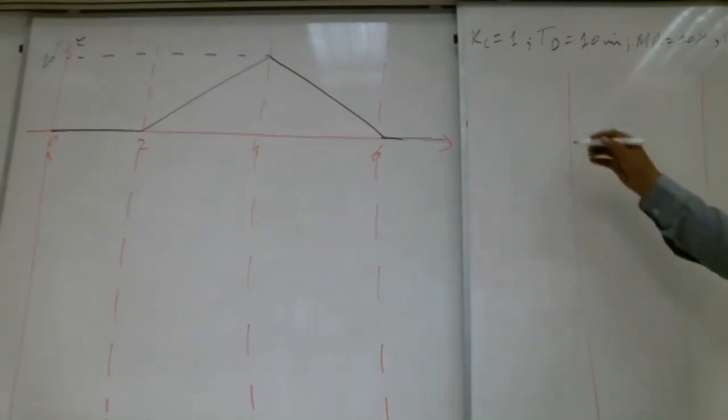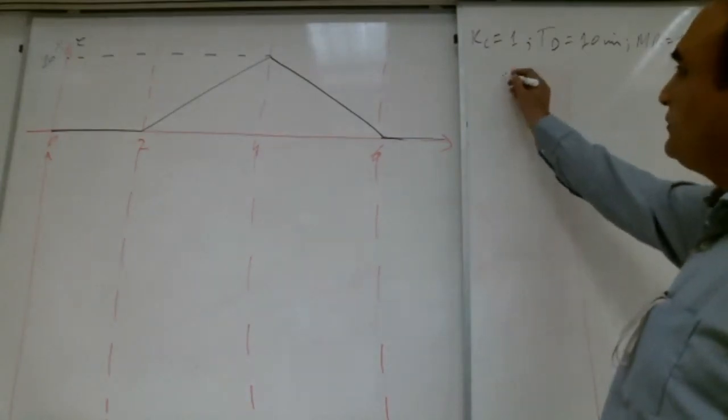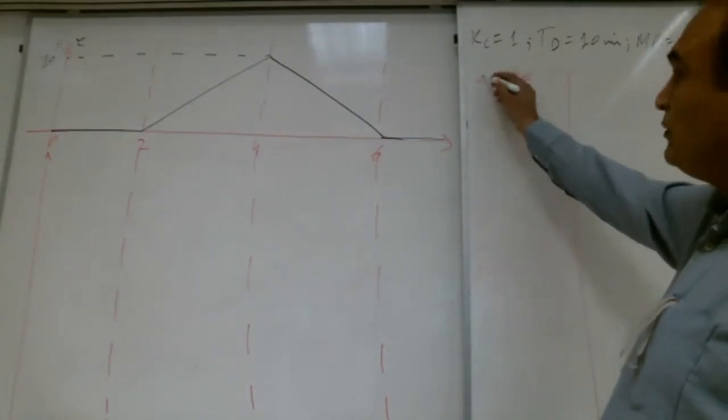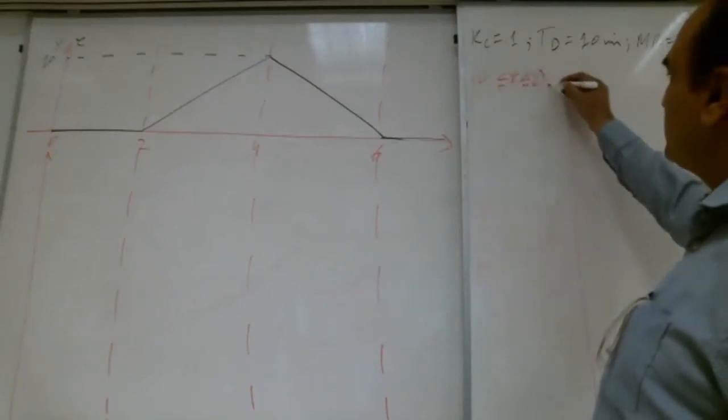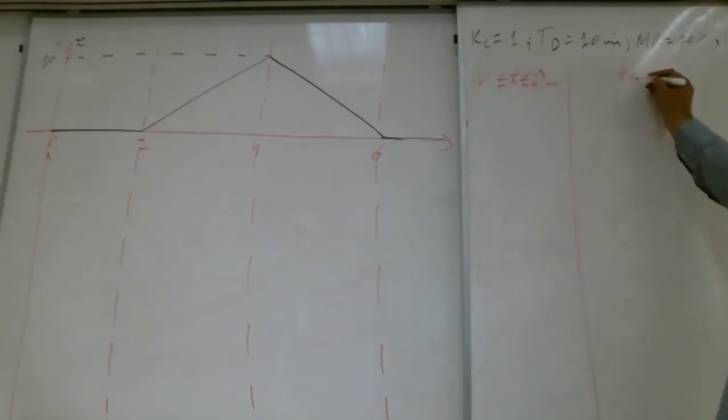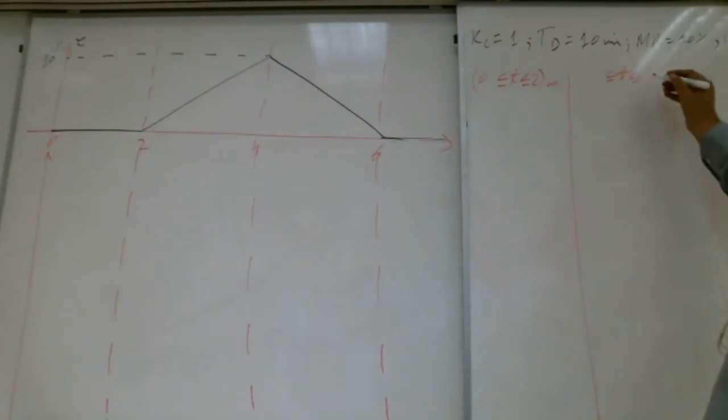Yes, Shiva, what is the first part? From 0 to 2. Very good. What is here? 2 to 4. What is here? 4 to 6 minutes. What is here? Greater than 6 minutes. That's good.